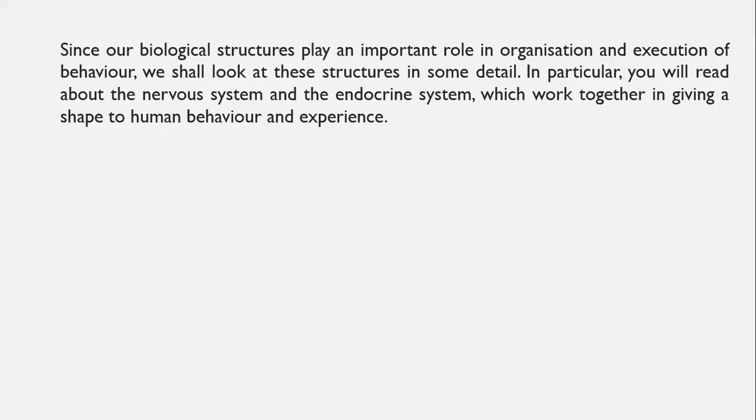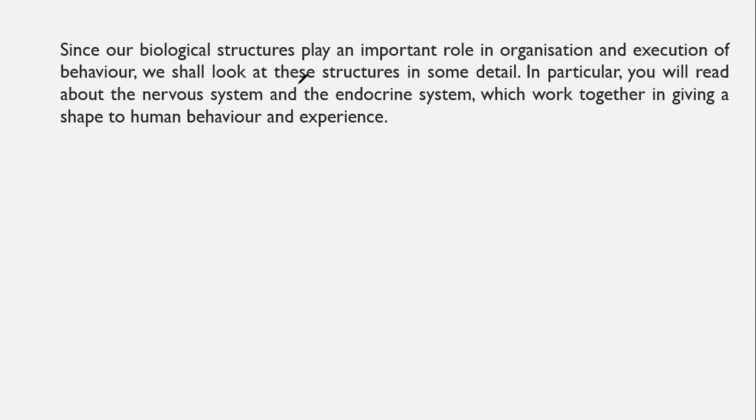Since our biological structures play an important role in organization, execution of behavior, we shall look at these structures in some detail. In particular, we will read about the nervous system and the endocrine system, which work together in giving the shape to human behavior and experience.